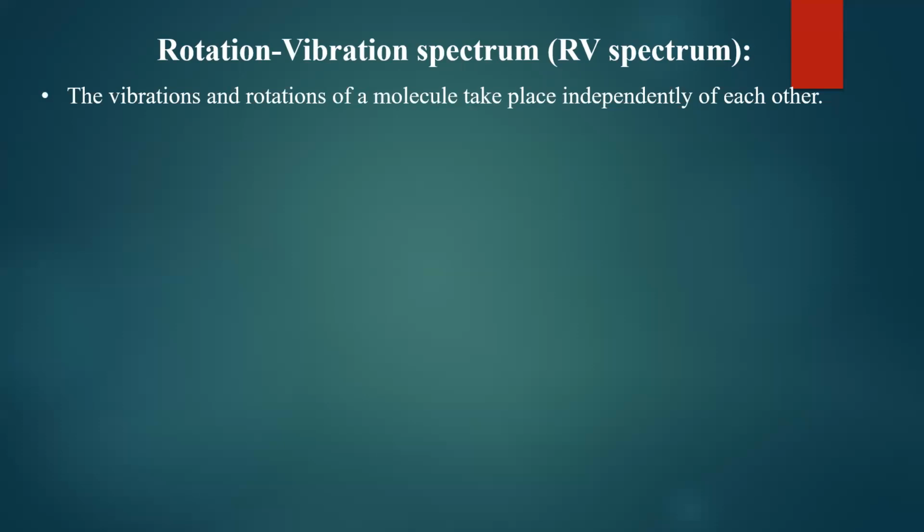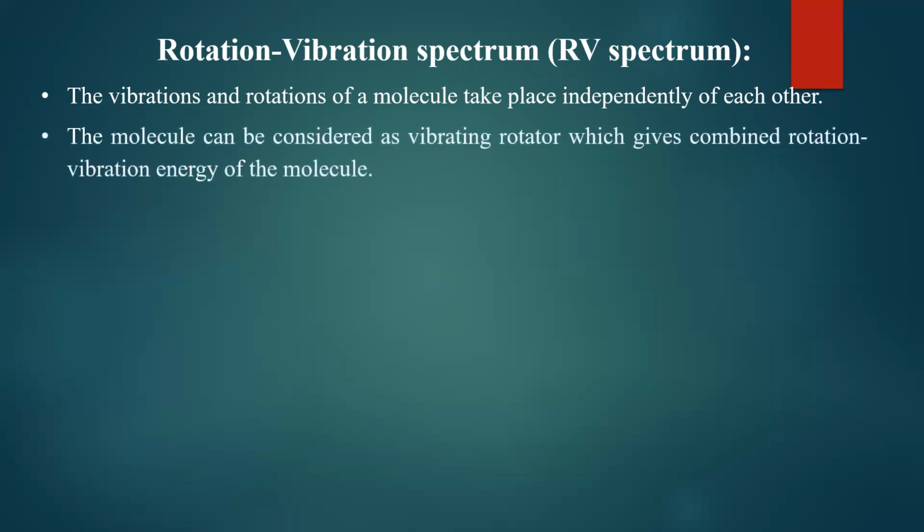So vibration is independent of rotation and rotation is independent of vibration, and you can get the total energy by adding the rotational energy and vibrational energy in a simple addition. That is the meaning of the independent nature of vibration and rotation motion of the molecule.